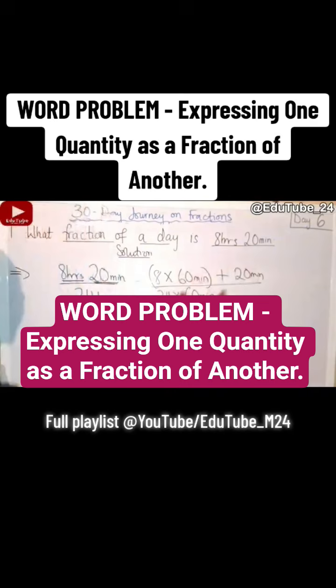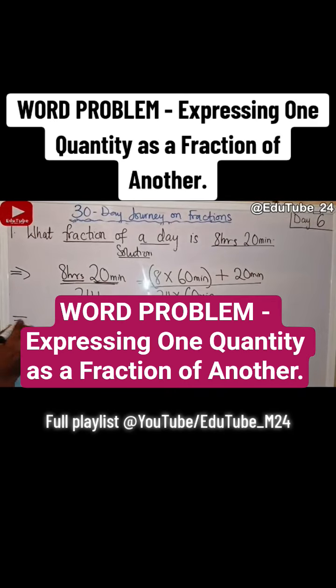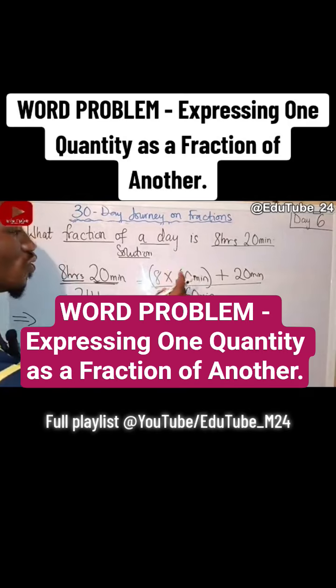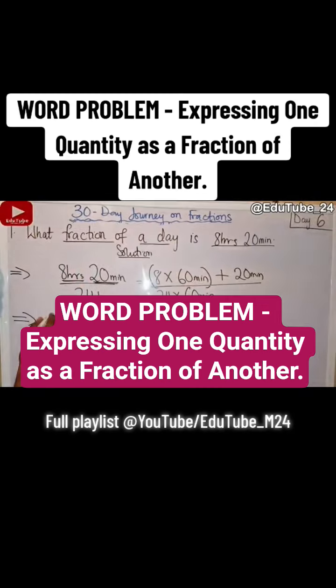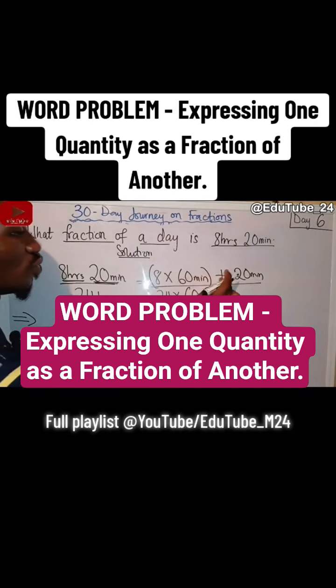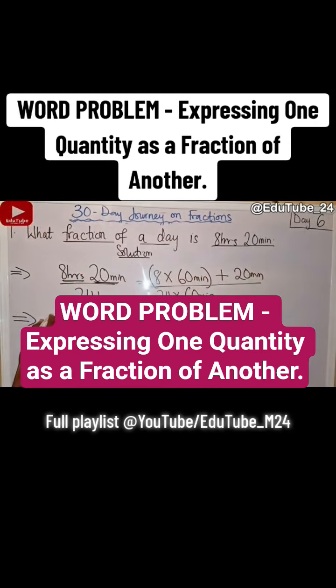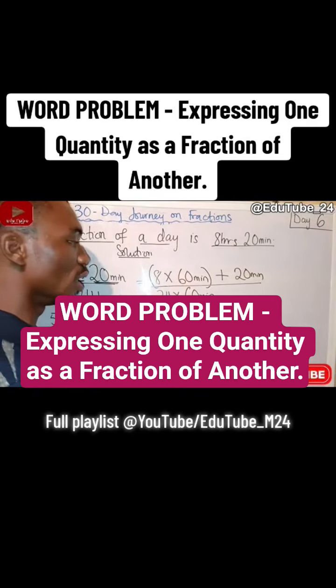So now let's evaluate this fraction. Evaluating this fraction, that will mean 8 times 60. Since 6 times 8 or 8 times 6 will give us 48, definitely 8 times 60 will give us 480 minutes. And then 480 minutes plus 20 minutes will give us 500 minutes. Again, let me repeat that. 8 times 6 will give us 48.